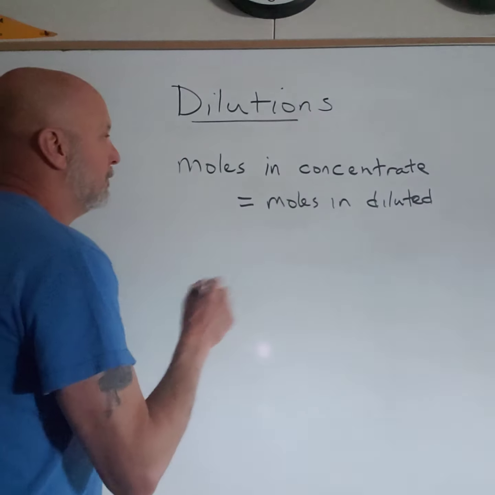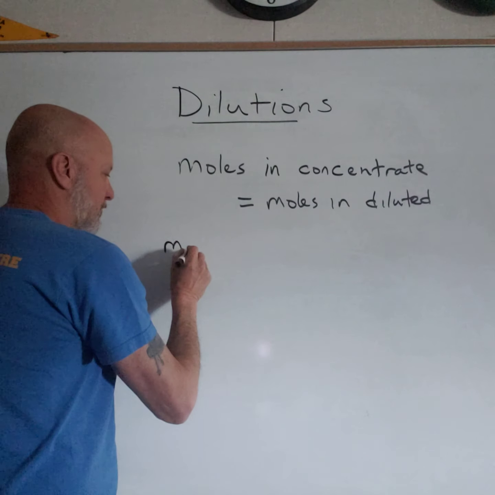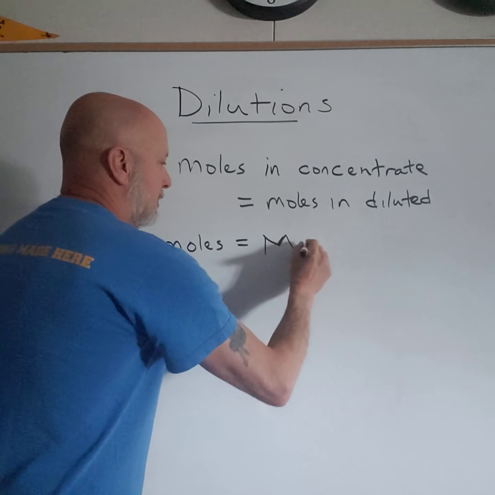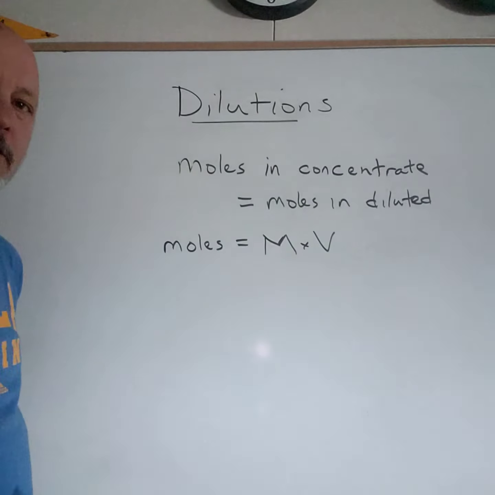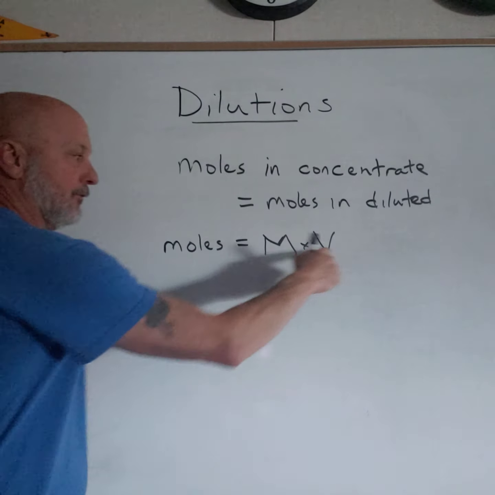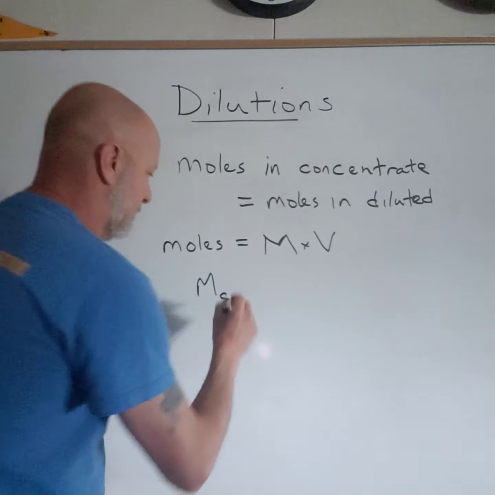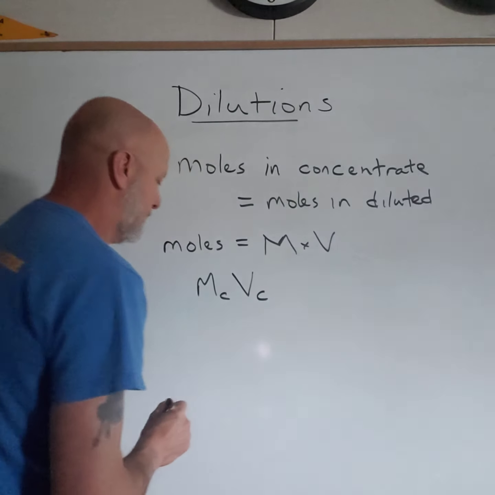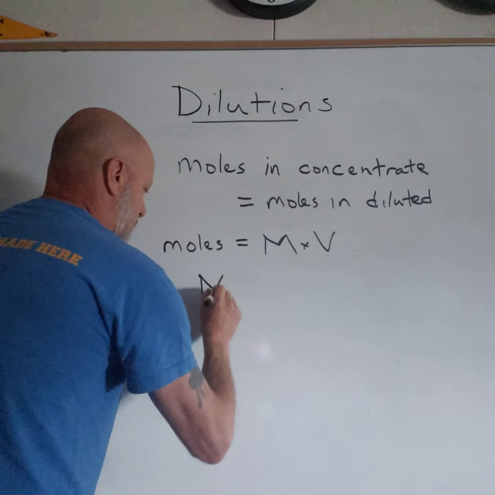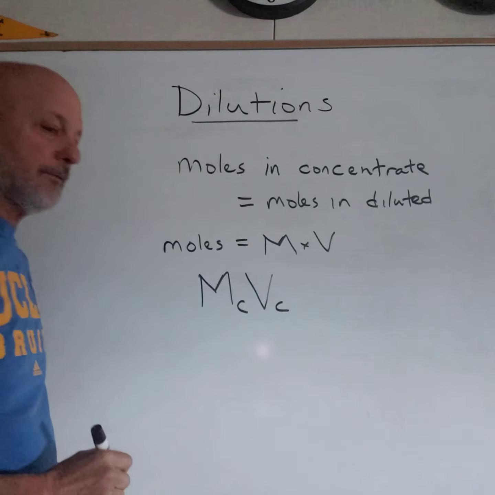Okay, so let's look at how we would solve that. We just showed that moles equals the concentration times the volume. So let's write our equation. The moles in the concentrate is the concentration of the concentrate times the volume of the concentrate.